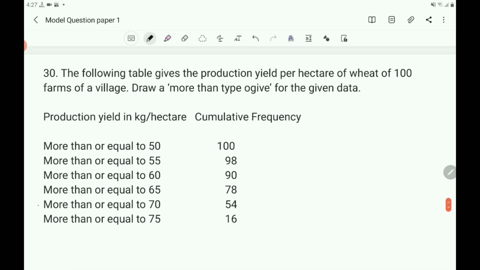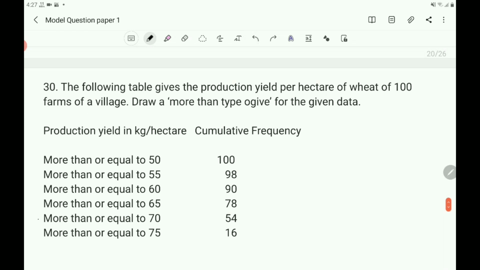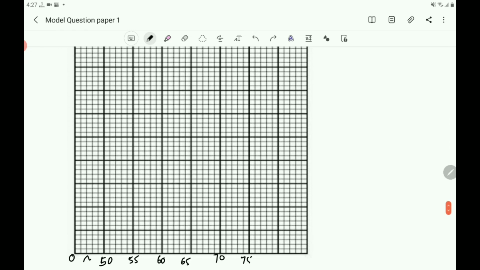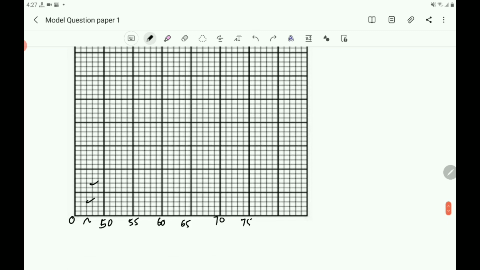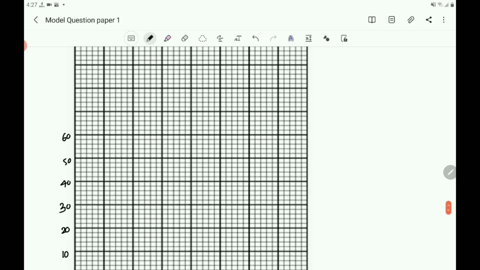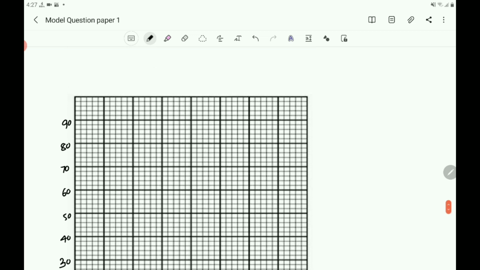Then the maximum frequency is 100. So let us take, it is 1, 2, 3, 4, 5, 6, 7, 8, 9, 10 are there. So let us take 10, 20 here. 10, 20, 30, 40, 50, 60, 70, 80, 90, 100.